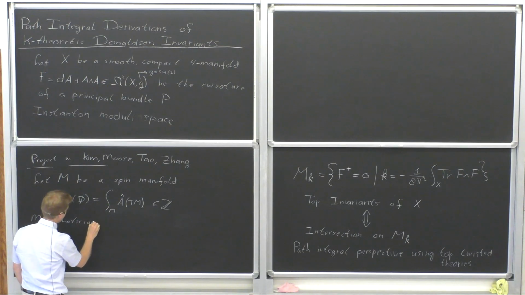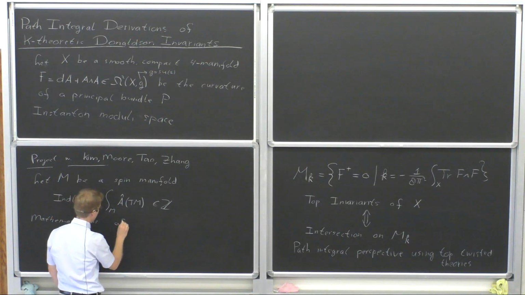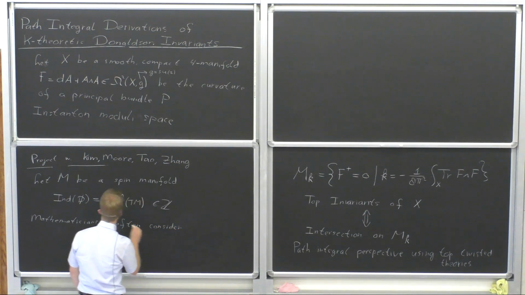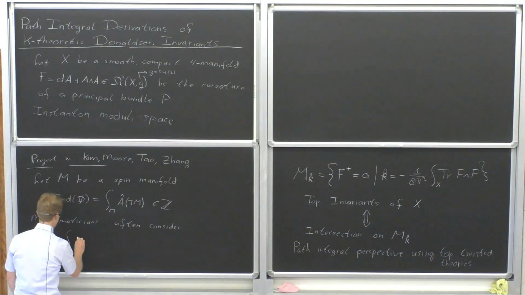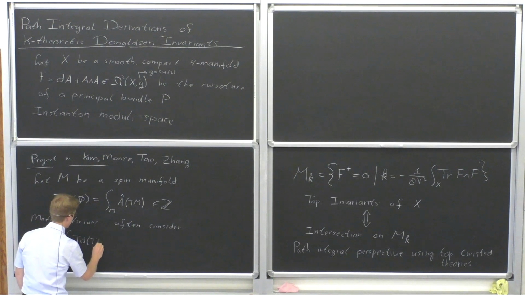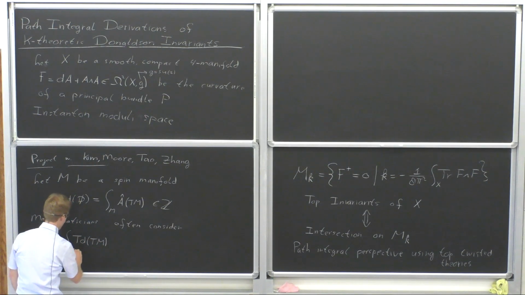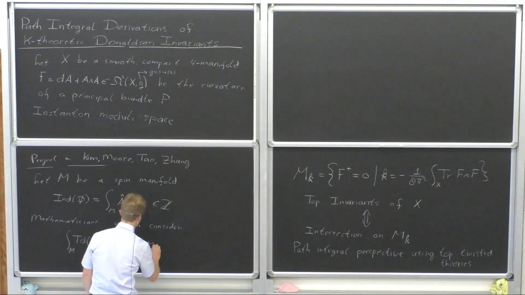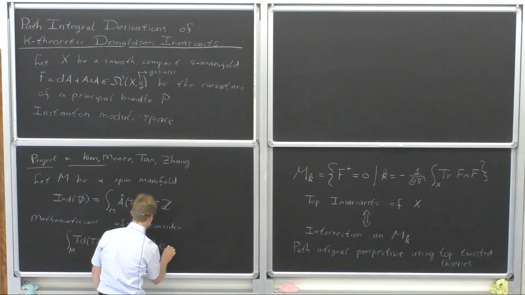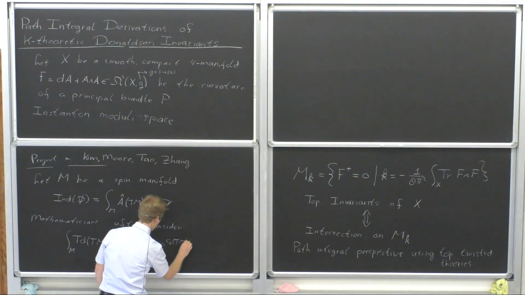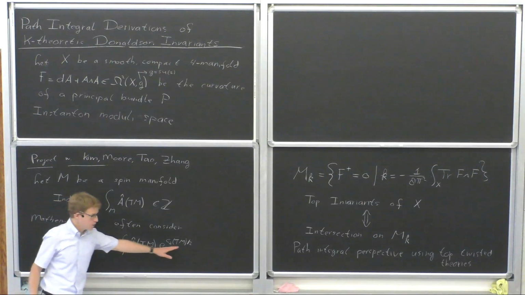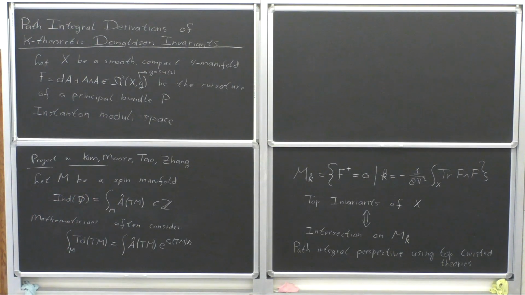So mathematicians often consider the integral over the Todd class of M, that's related to the A hat genus by the exponent of the first Chern class of the tangent bundle divided by 2.